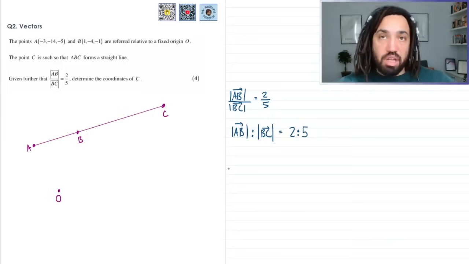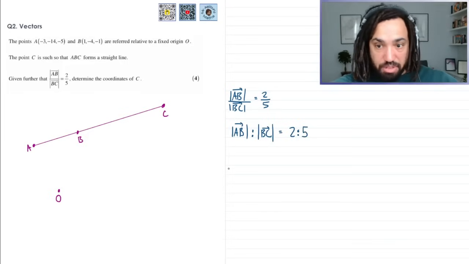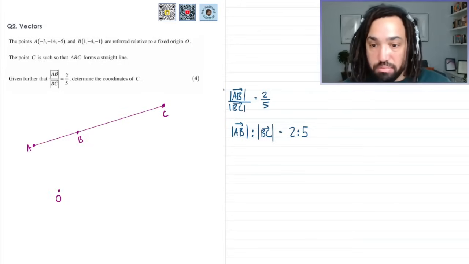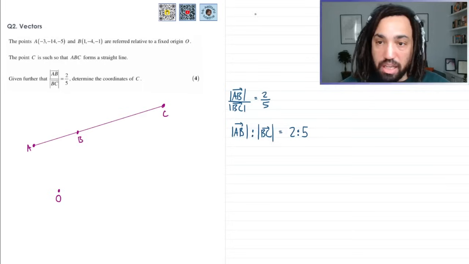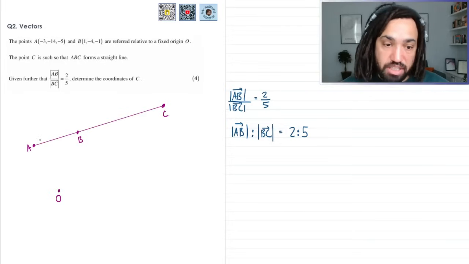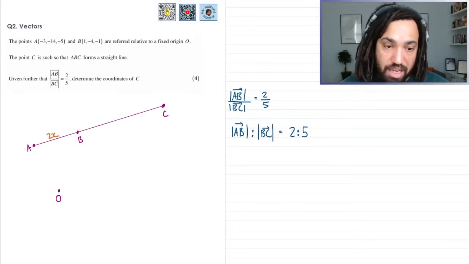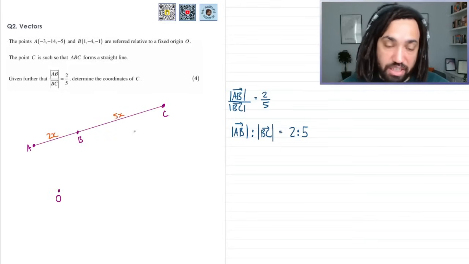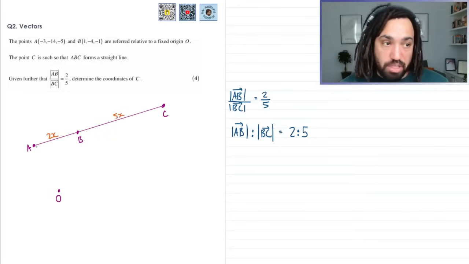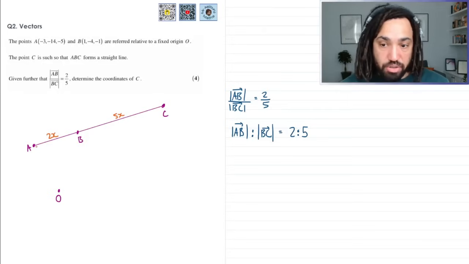So just swapping a fraction relationship into a ratio one can sometimes be helpful. So if we assign this distance here to x, then this distance here must be 5x, so that the distances between them are in that correct 2 to 5 ratio.